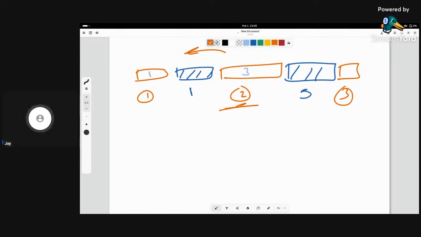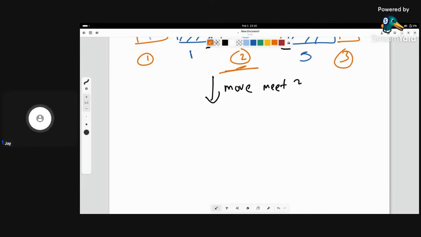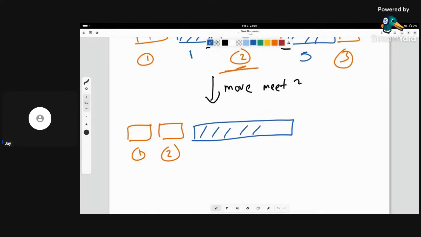Well, basically, when you moved your second meeting, it merged these two free slots. So if you look at what our timeline looks like after moving the second meeting, this is your meeting 1, this is your meeting 2, and after you move your second meeting, both your free slots have been merged.